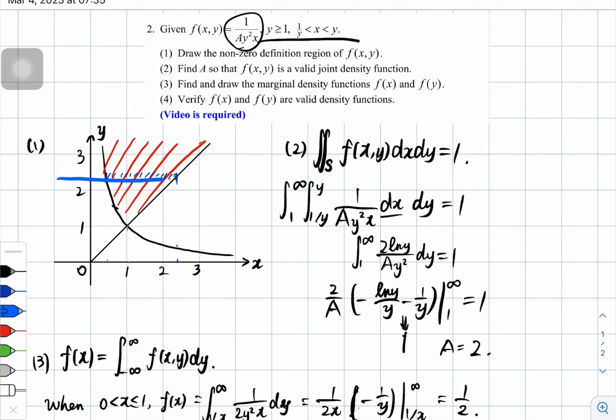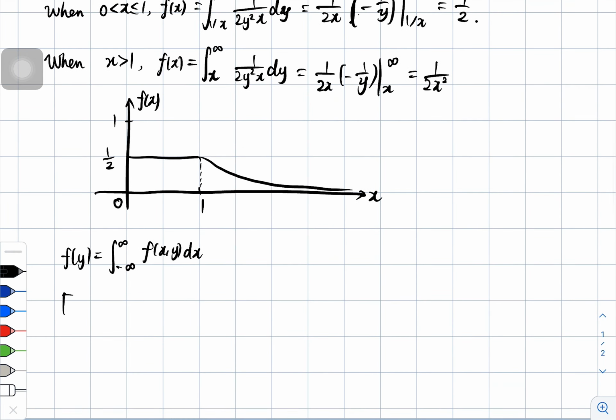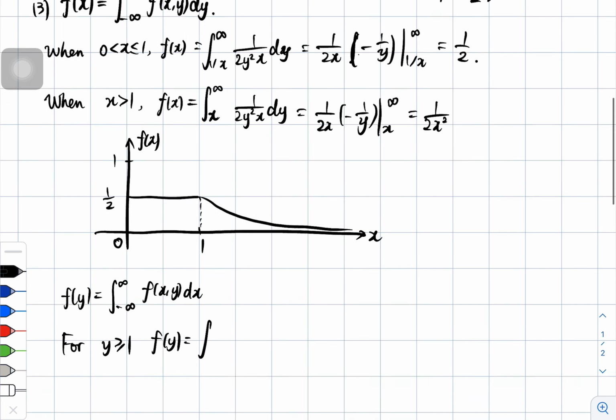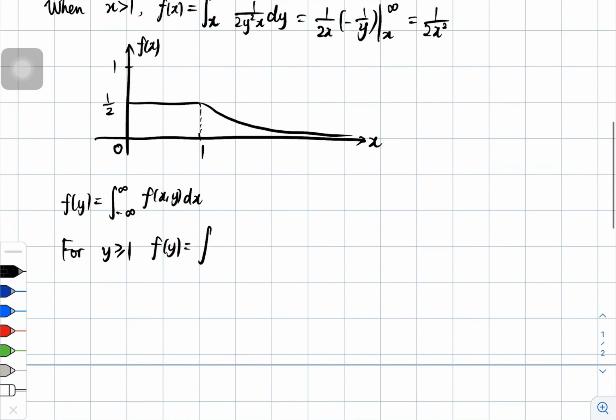So we should consider such a line. For y larger than or equal to 1, fy should be, this is y, this is 1 over y.